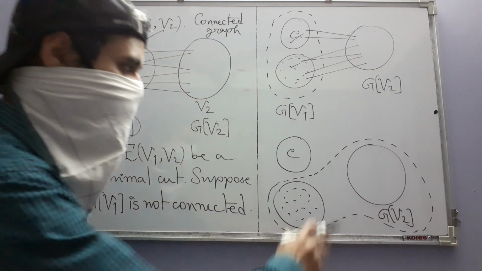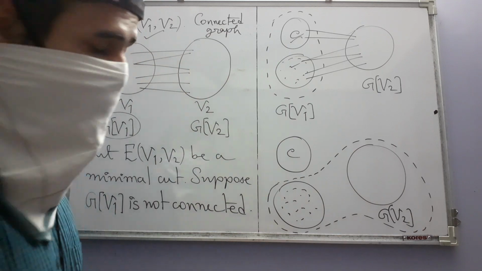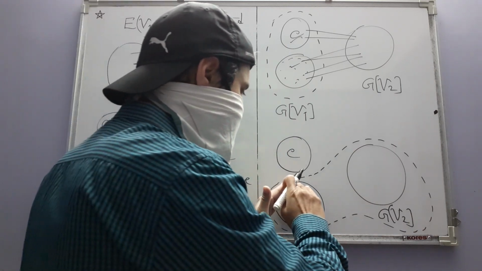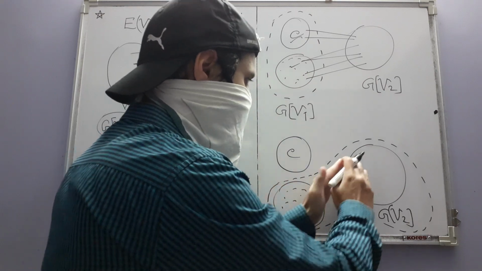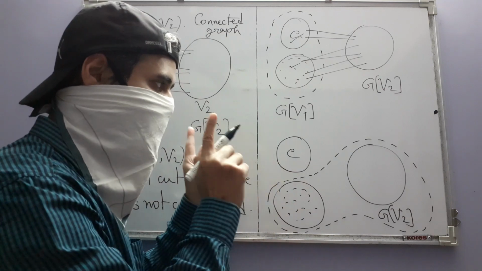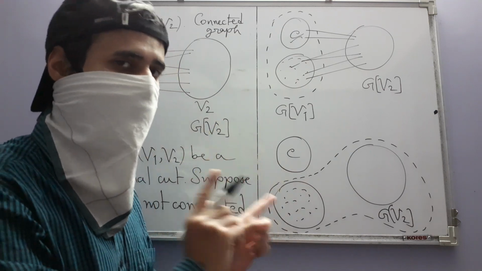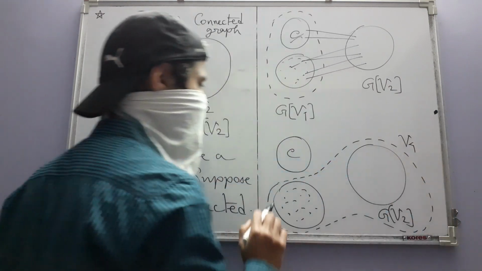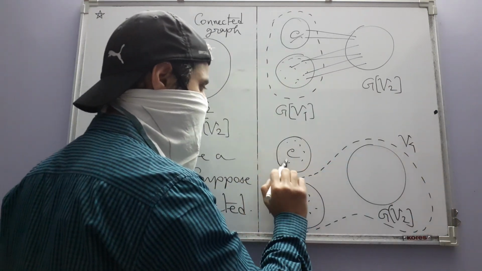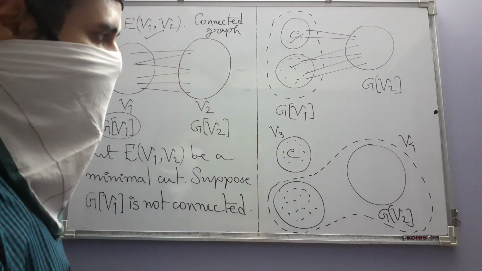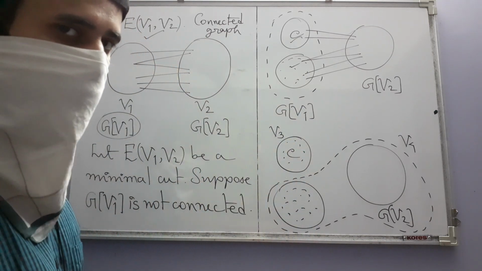I want to be specific, right? All the vertices on this part along with all the vertices here form one vertex set. That is my one set of the partition, say that is V3, and the vertices in C form the other set of my partition, say V4.